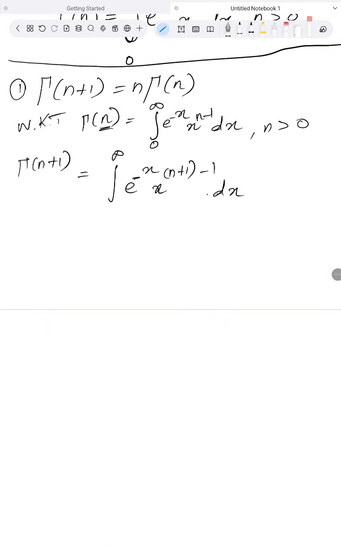So gamma of n plus 1 is equal to integral over 0 to infinity e power minus x, x power n plus 1 minus 1 into dx, and here plus 1 and minus 1 will get cancelled. So gamma of n plus 1 is equal to integral over 0 to infinity e power minus x, x power n into dx. Now let's make use of the formula integral u dv.